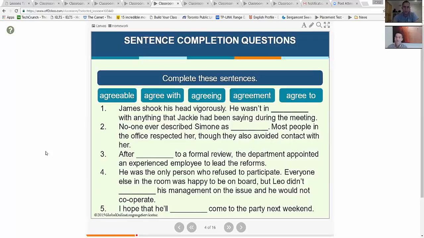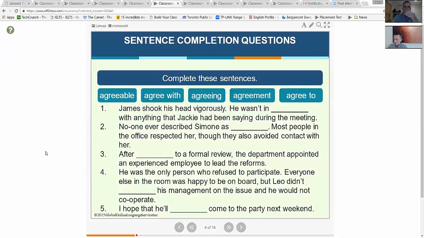It's really to get the student thinking about how they need to be very flexible with the language. And even these have different senses, even though they all come from the same word agree. There's obviously a different sense to agree to and agree with something. So you want to make sure that the student's feeling comfortable with that kind of flexibility in the language.